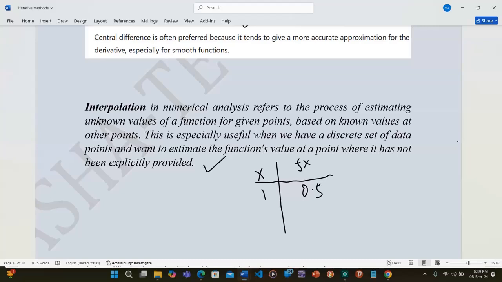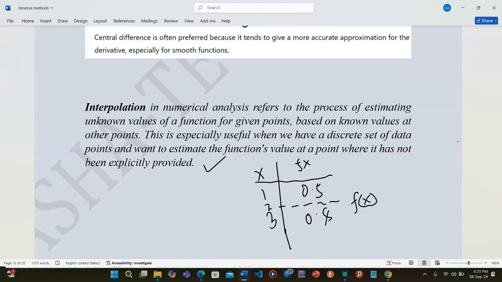They tell you at x is equal to 3, the value of the function is 0.8. Then they tell you they want the value of the function at x is equal to 2. So you'll just let it be f of 2.